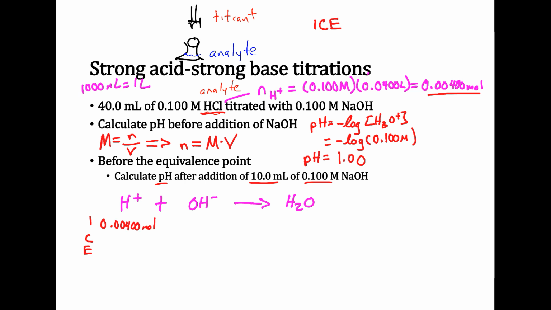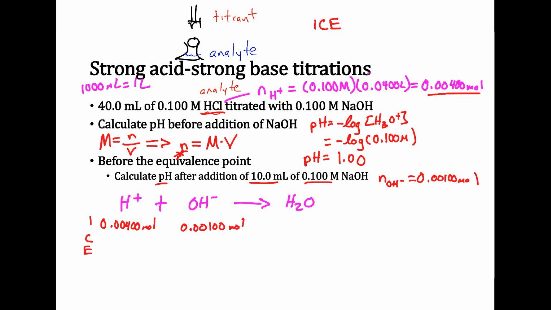for H plus, and now we need to figure out how many moles of OH minus we have. Well, we could use that same equation that moles is equal to concentration times volume for the sodium hydroxide. You should end up finding out that you have 0.00100 moles of hydroxide. So we have our ice chart set up like this.